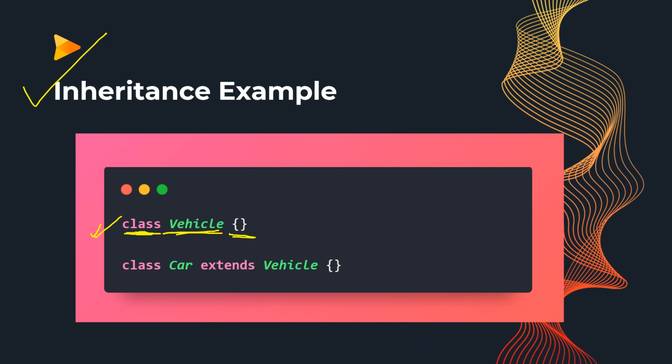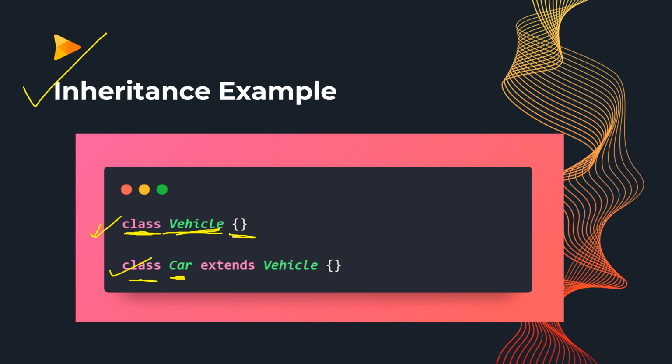Now we are going to perform inheritance. How can we perform inheritance? This is the example of that. Now this is the Vehicle class, which is a parent class. Now we are going to create one child class which will inherit from the Vehicle class. So how to implement inheritance in programming? We have created another class. Class is a keyword. We have created a class named Car, which is the child class.